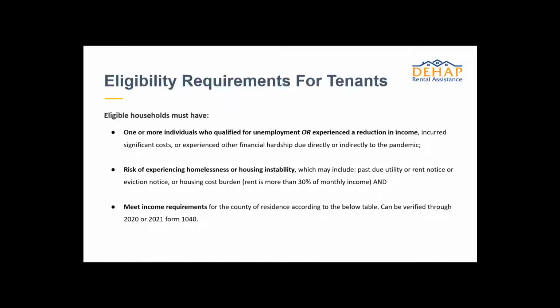So they have to have qualified for unemployment, or they have to show a reduction in income, and or that they are at risk of homelessness, or they have housing instability. Basically, their rent is 30% or more of their monthly income. And then they also need to meet the income requirements of the program. And we can verify those in several different manners.